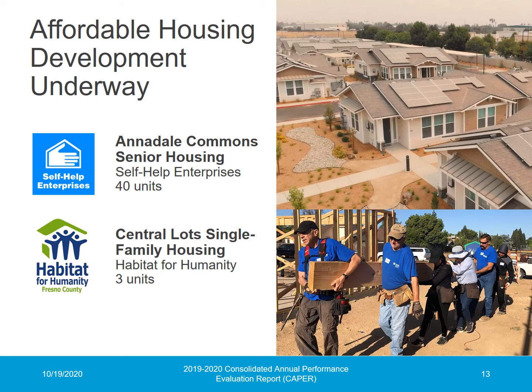Two projects have been completed since the end of the 2019 project year, and accomplishment data will be reported in next year's CAPER. These included Self-Help Enterprises' Annadale Commons Senior Housing Project, which consisted of new construction of 40 multifamily senior housing units and on- and off-site improvements.